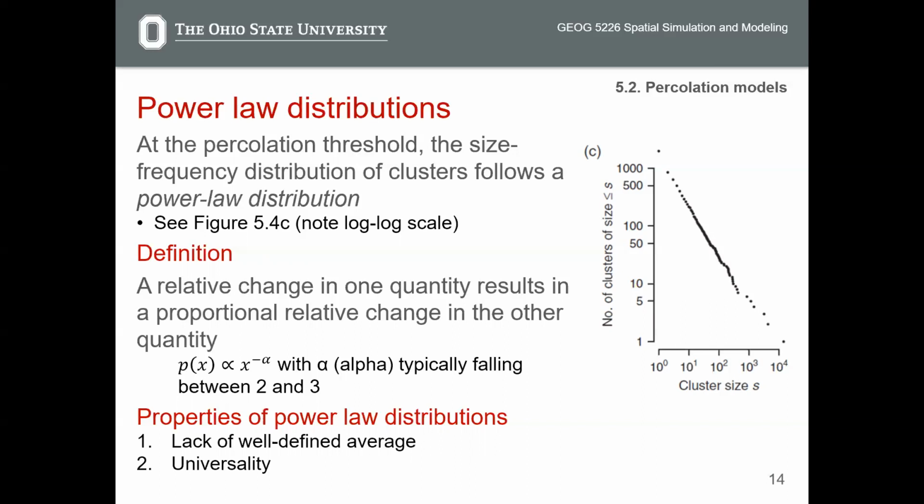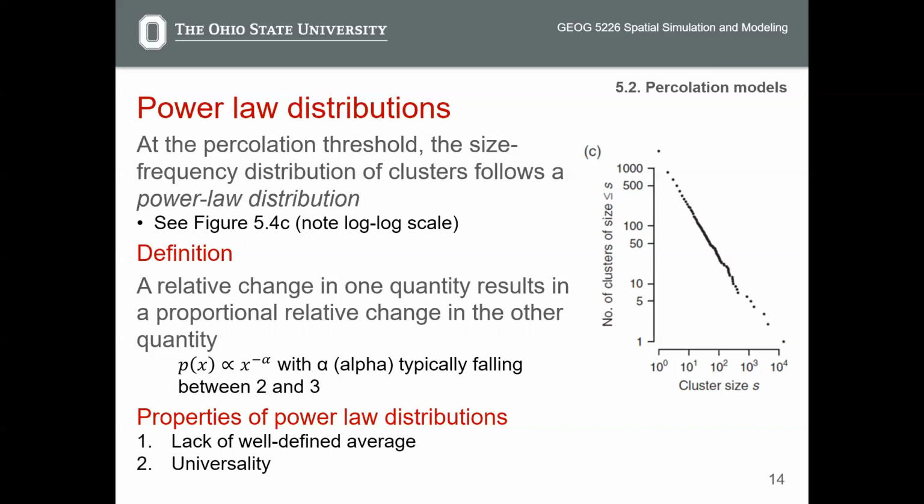Since there is this lack of a well-defined average, it means that if this data set follows a power law distribution, the definition of average is not that good, which means that in other words, average performs poorly in showing the central tendency of this data set.